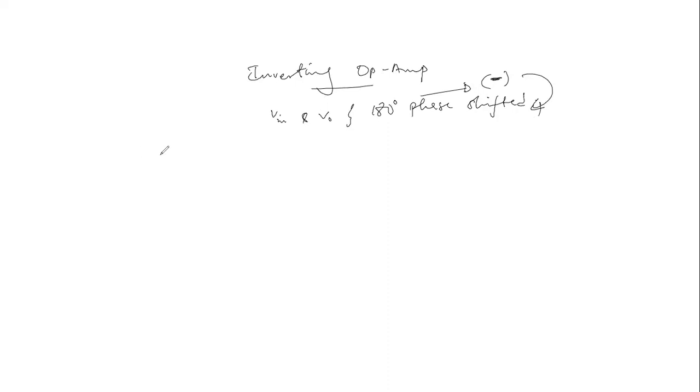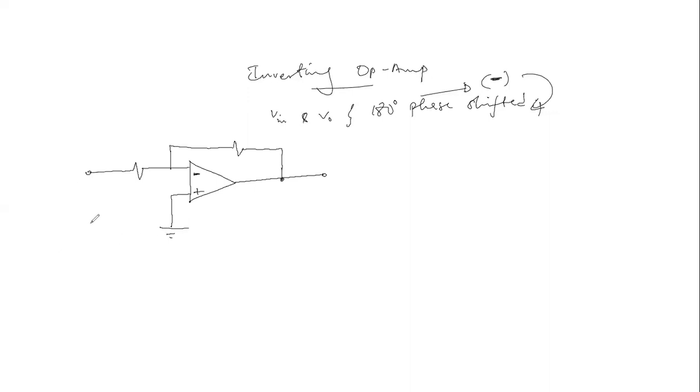So let us look at a simplified circuit model. Here, the source is connected to the inverting terminal and the feedback is connected between the inverting terminal and the output, while the non-inverting terminal is connected to ground.